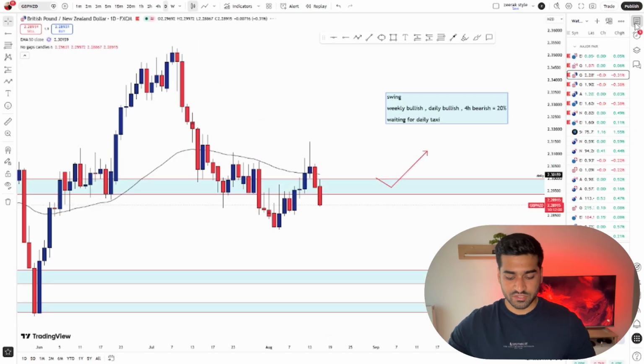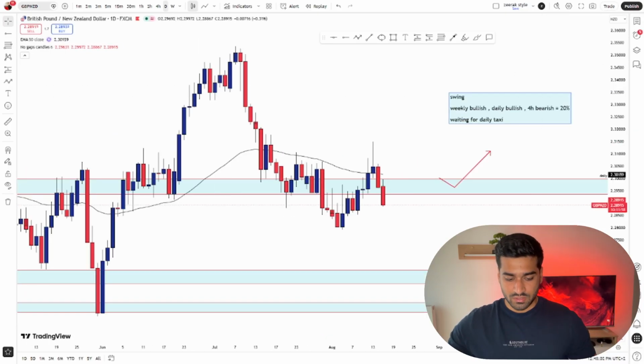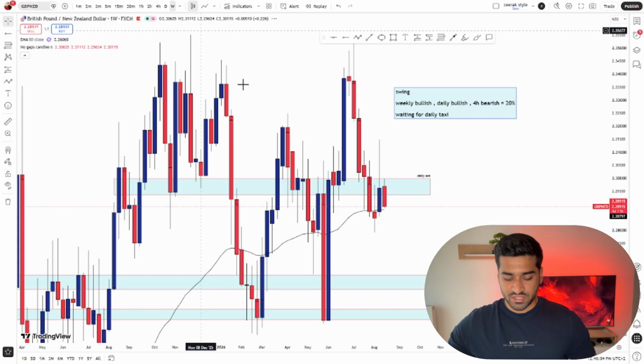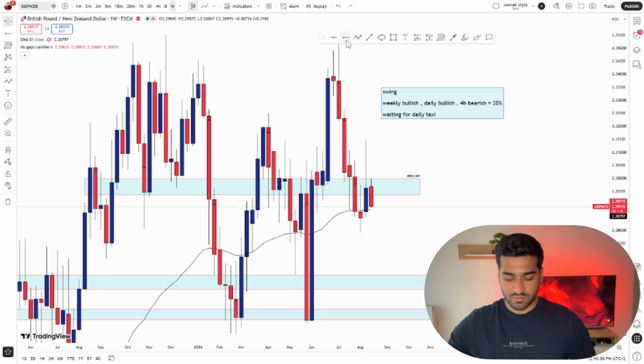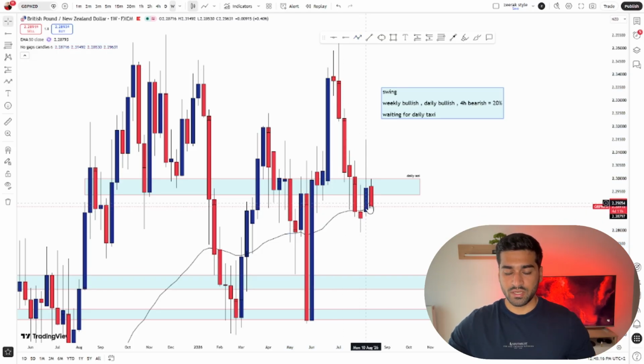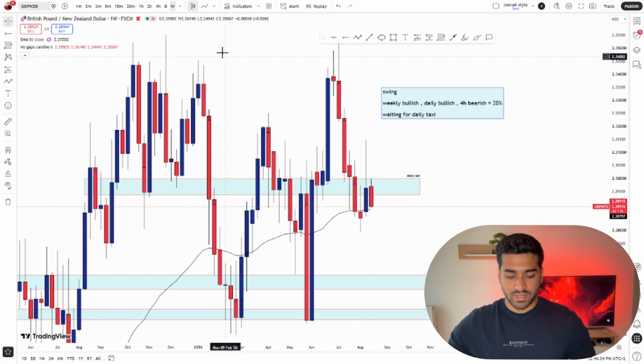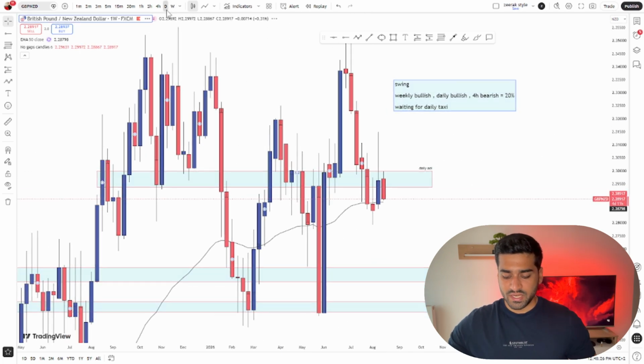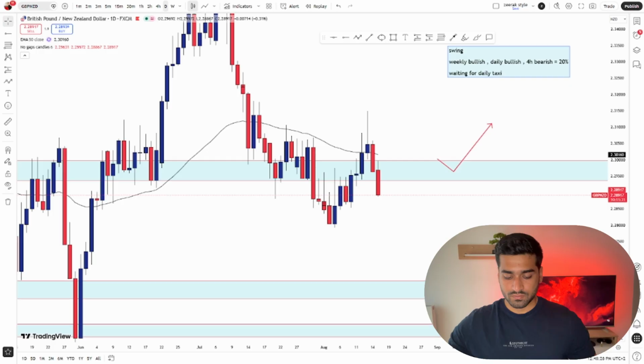The next one is GBP NZD. On GBP NZD, the weekly is currently bullish from lower low, lower high, lower low, and higher high. And this was the higher low. We have this morning star formation in an engulfing candlestick, and also sometimes when we have this big wick, it's filling this wick back. So the weekly is bullish, the daily is also bullish.